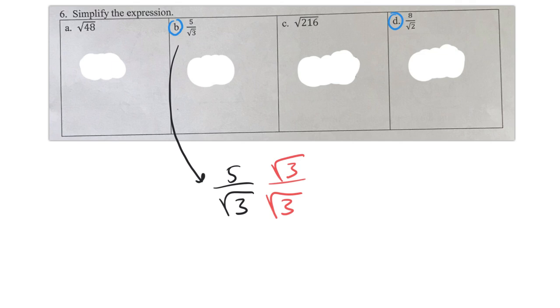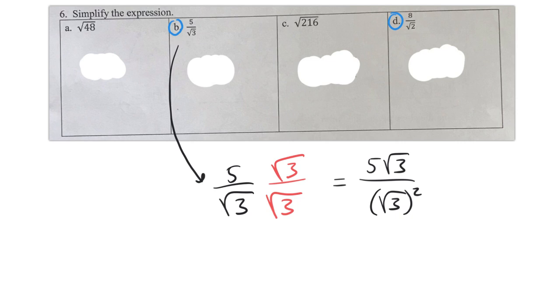Now, as a result of that, we will have 5 times the square root of 3 up top. Okay, 5 times the square root of 3 up top. And we're kind of stuck with that, by the way. All right, but down on the bottom, we're going to have the square root of 3 squared.